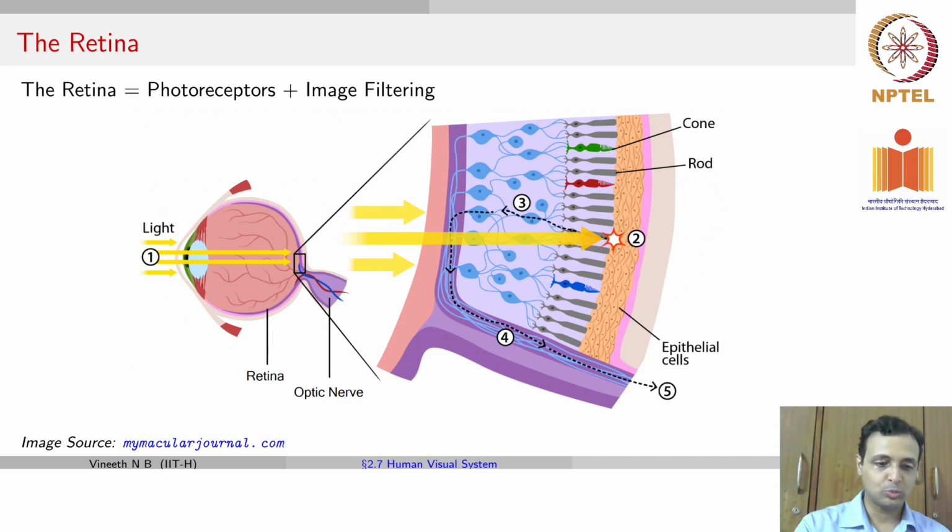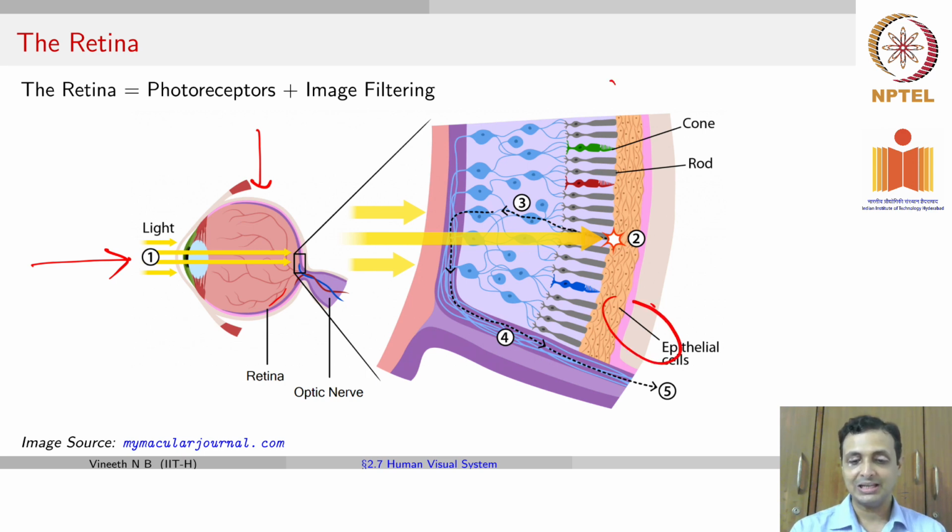So if this was our retina and light fell from left to right here, the back of the retina is blown up on the right side, so you can see that a bit more closely. So at the far end, it consists of, of course, epithelial cells, and just before the epithelial cells, the retina consists of what are known as rods and cones, which you may have heard of.